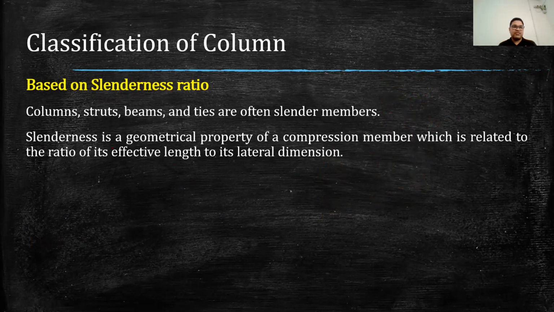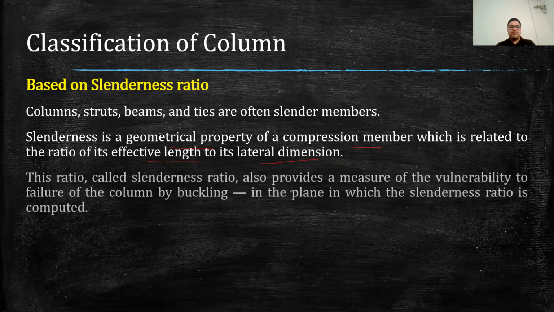As I said, slenderness is basically a geometrical property of a compression member, related to the ratio of effective length to its lateral dimension. This ratio is called the slenderness ratio, and it also provides a measure of vulnerability to failure of the column by buckling.